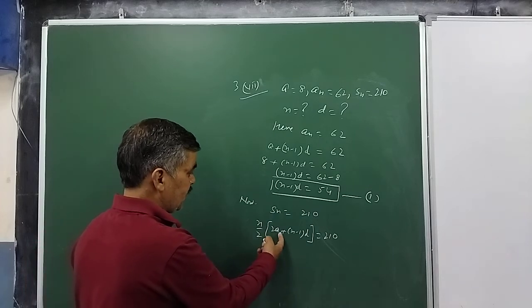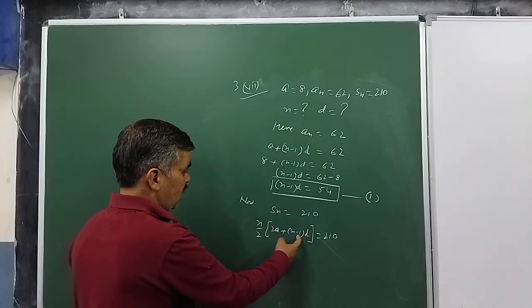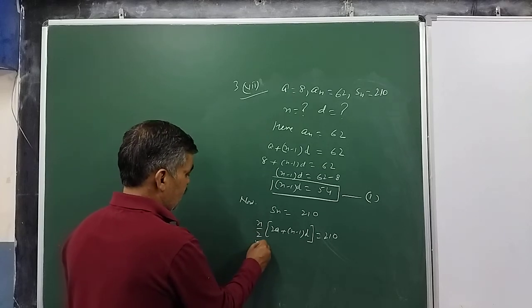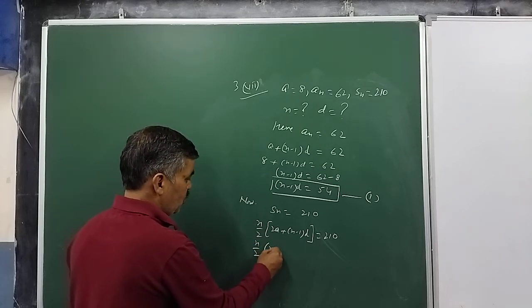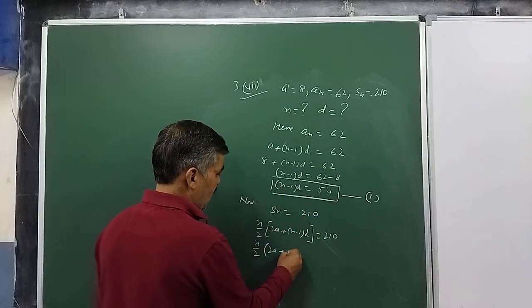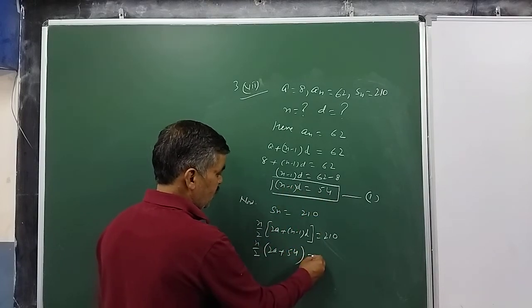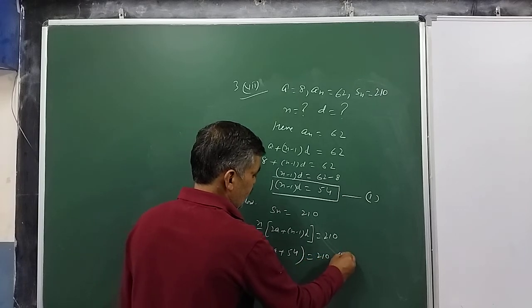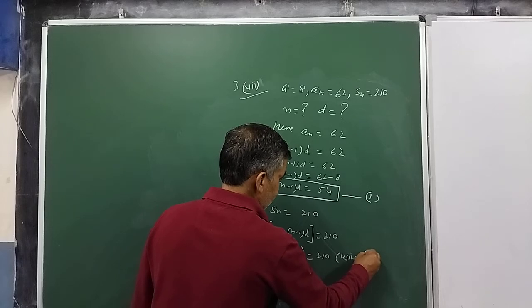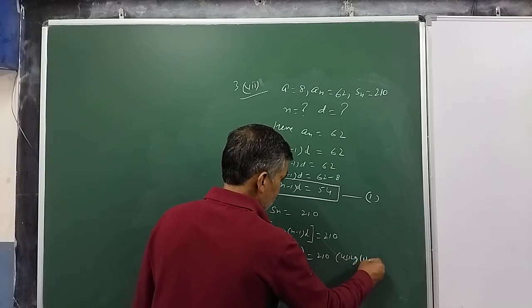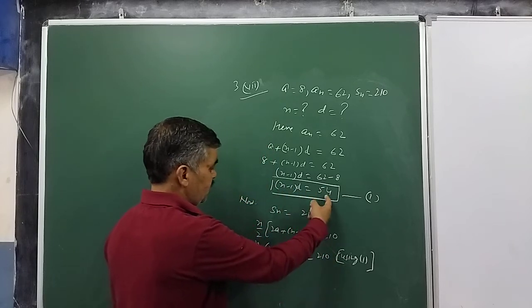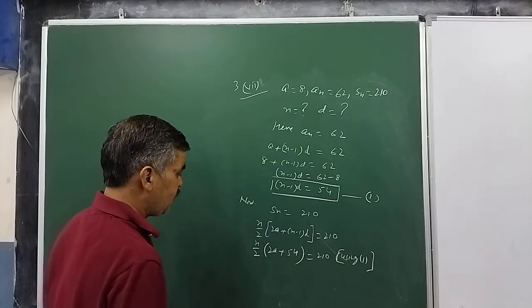So n by 2, 2a plus n minus 1 into d, which I got is 54, is equal to 210 using 1. That is, n minus 1 into d I have substituted by 54.